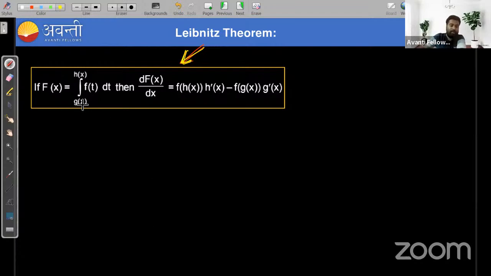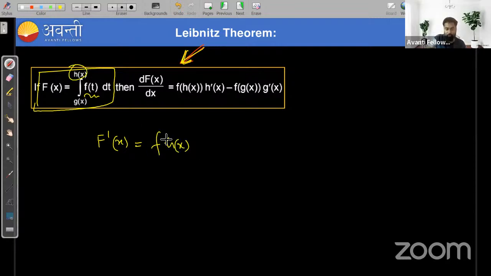In simple language, when you are given this type of integral expression and asked to find F dash of x, F dash of x will be f of h of x, that is, f of the upper limit, into the derivative of the upper limit, that is h dash of x, minus f of the lower limit, that is f of g of x, into the derivative of the lower limit.